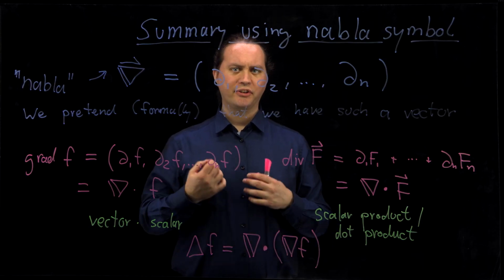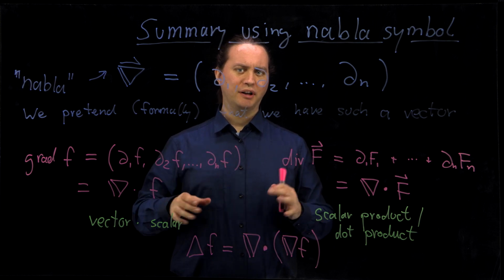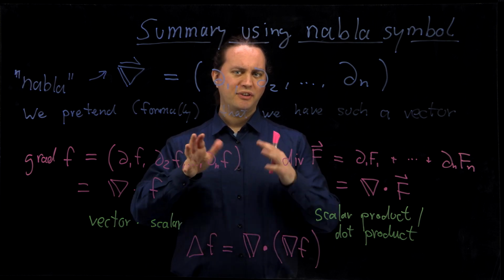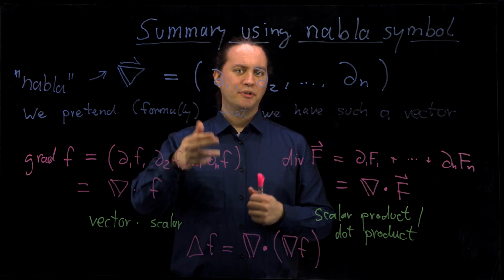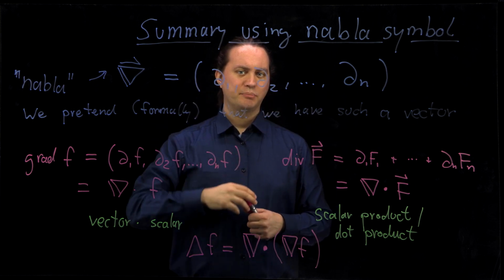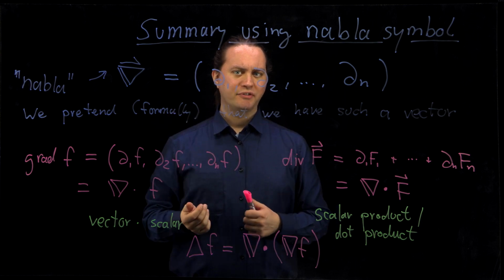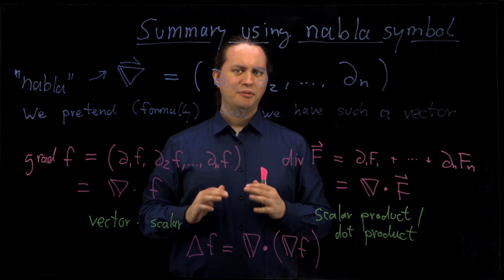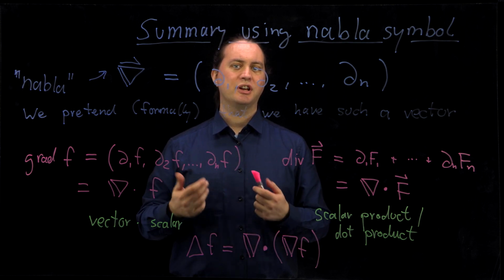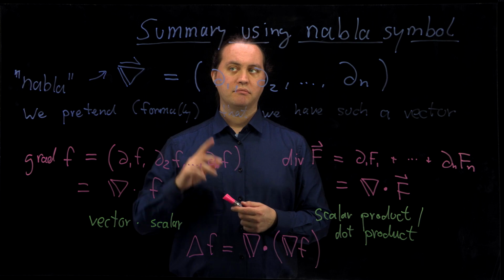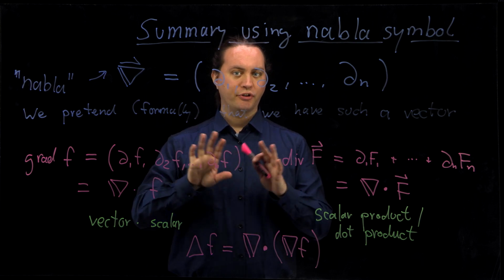These calculations using the nabla symbol have been purely formal. In some sense, we step a little bit out of mathematical rigor and just use the nabla symbol with the partial derivatives in each component, just like we would use a vector. That is extremely helpful, and it is very common in the literature of physics and engineering, and even mathematicians do it when no one is watching.